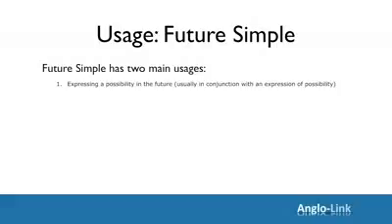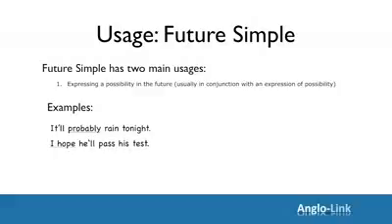Expressions such as I hope, I think, maybe, probably. Let's look at some examples. It'll probably rain tonight. I hope he'll pass his test. If we don't hurry, we'll miss our flight.